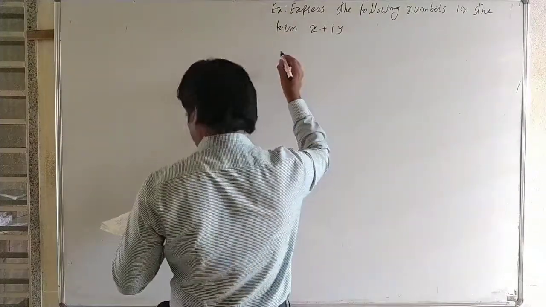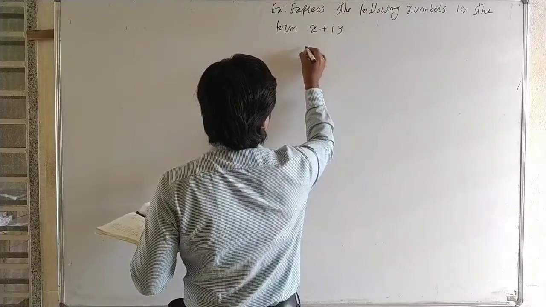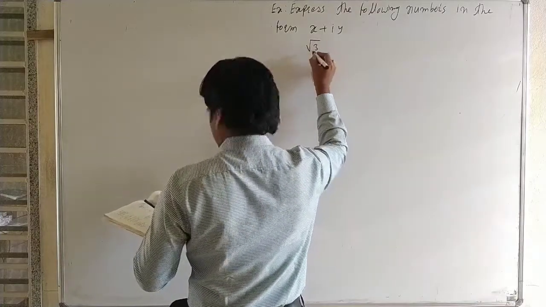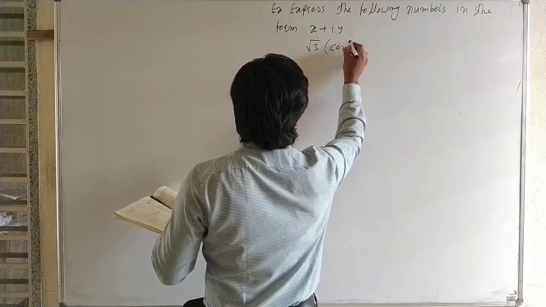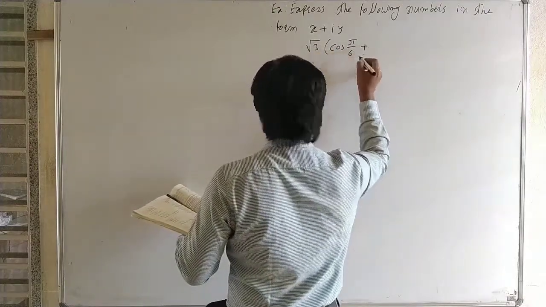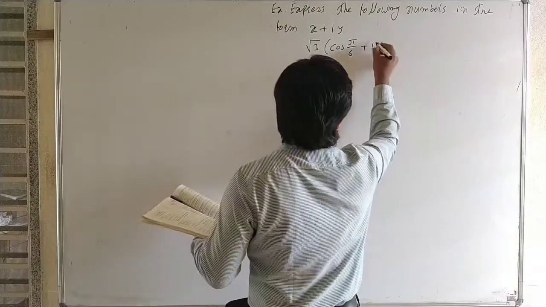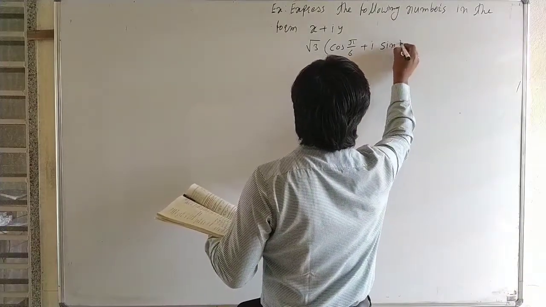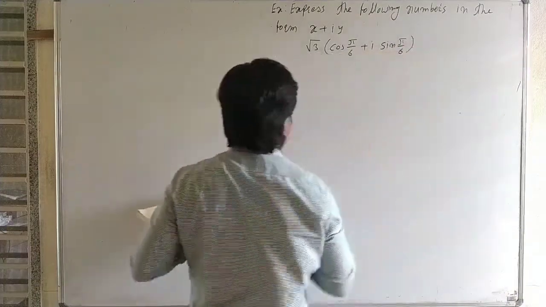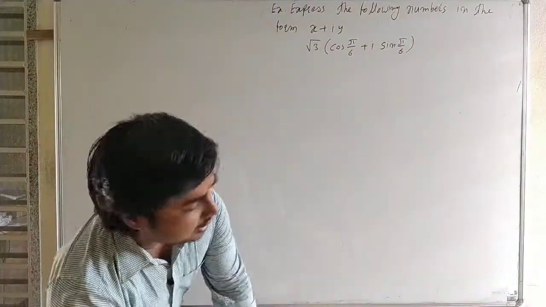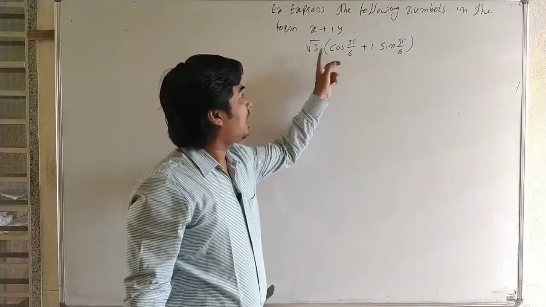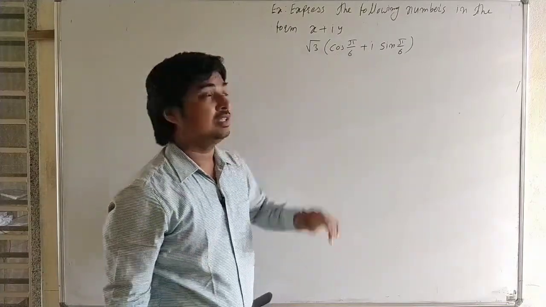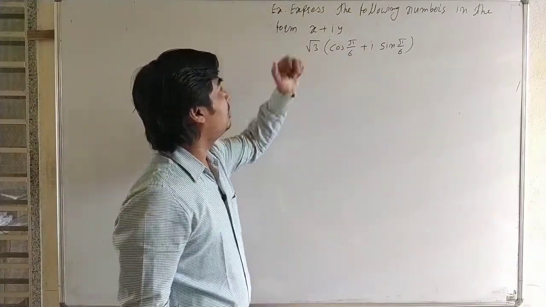Here, the first example is root 3 into cos pi by 6 plus i into sin pi by 6. Here the number is in the polar form, r into cos theta plus i sin theta. We convert it into the form of x plus yi.